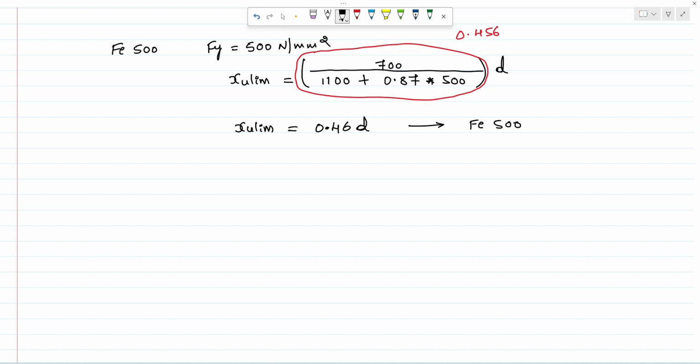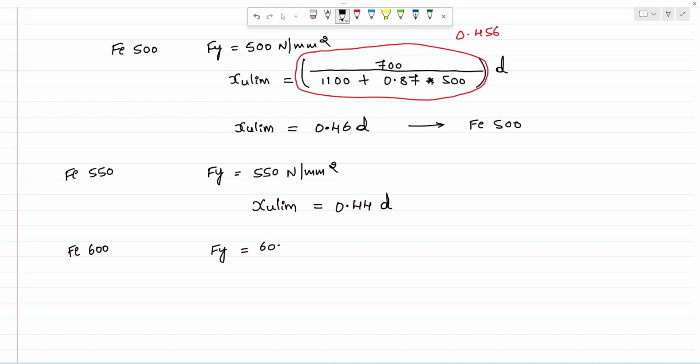So similarly for Fe 550, its yield strength will be 550 Newton per millimeter square. So I will directly write the equation. XU limit equals 0.44 times D. Similarly for Fe 600, its yield strength will be 600 Newton per millimeter square.